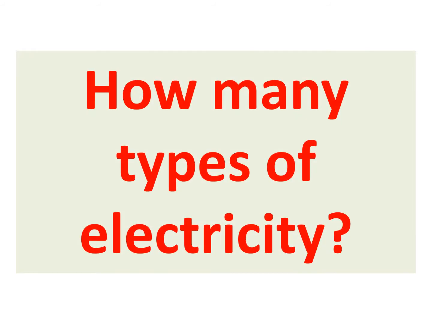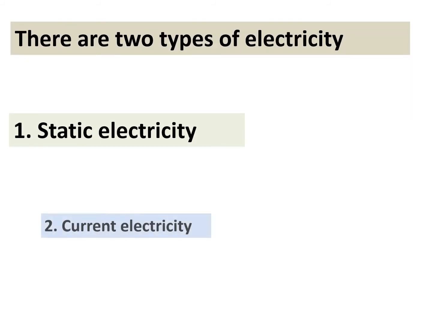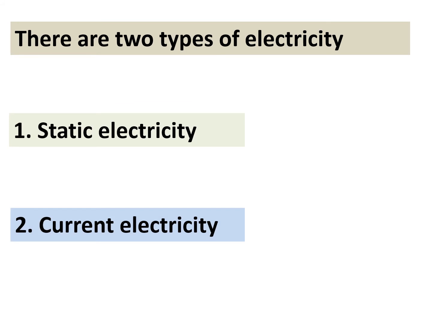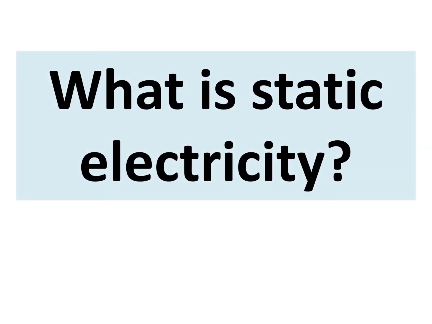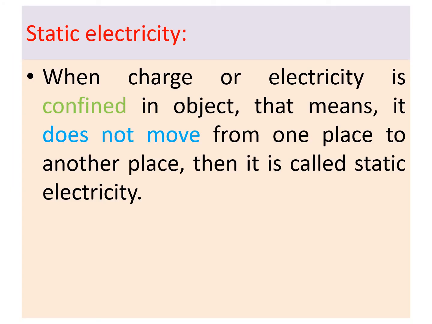Now, how many types of electricity are there? This question may arise in your mind. There are two types of electricity, dear students. One is static electricity and the other is current electricity. Now, what is static electricity? Static electricity is when charge is confined in an object.